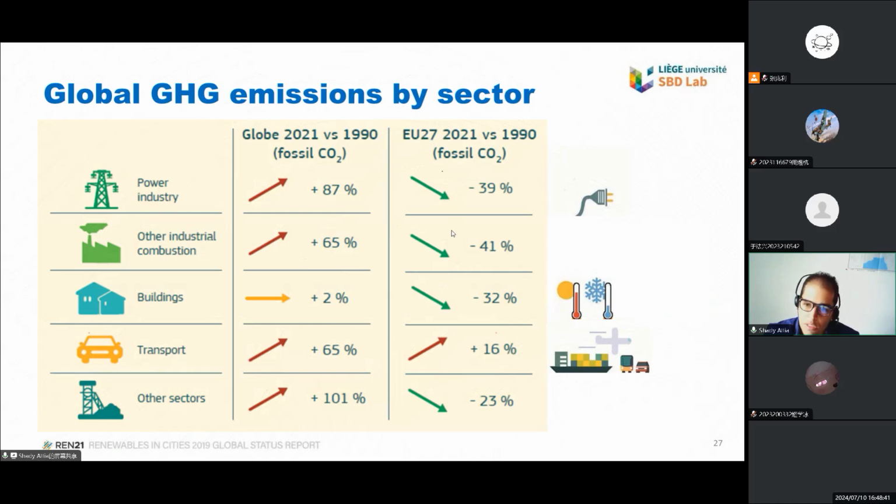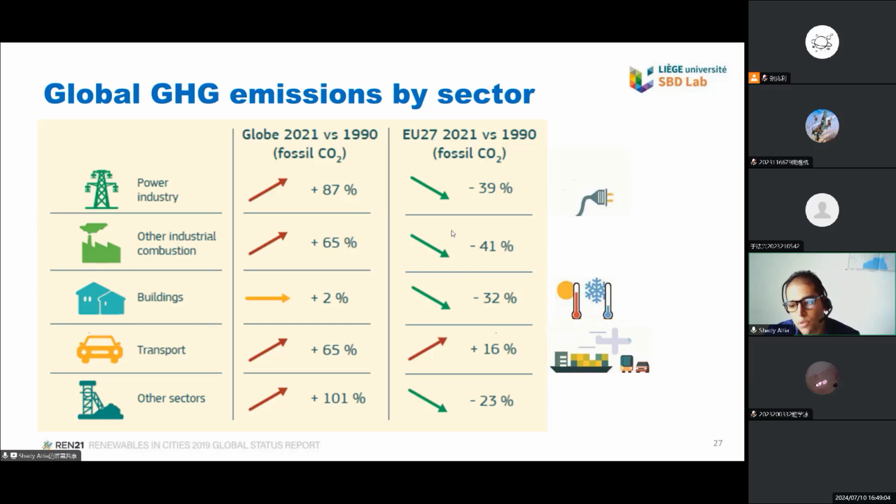China has the same target. China wants to be also a carbon neutral, sorry, not continent, country. And China is going to do it maybe not in 2050, but in 2060. So if you see the national plan for greenhouse gas emissions of China, China wants to be carbon neutral by 2060, so maybe 10 years after Europe.